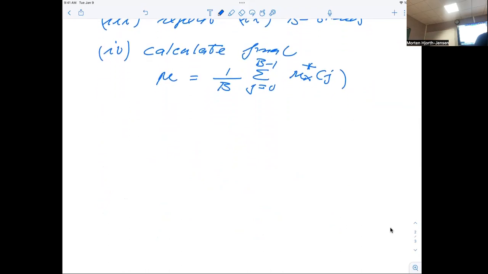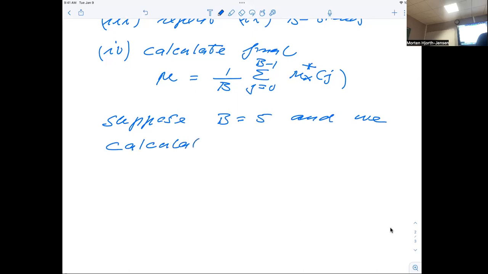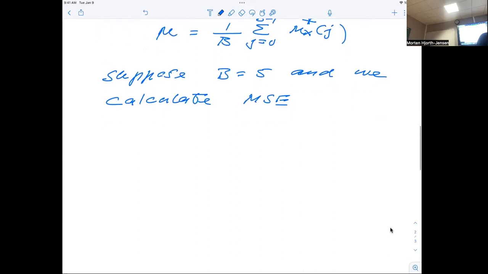So suppose you calculate now the mean squared error. Suppose this B is equal to 5, and we calculate the mean squared error. And then we do the mean squared error for the test case, or the test data.